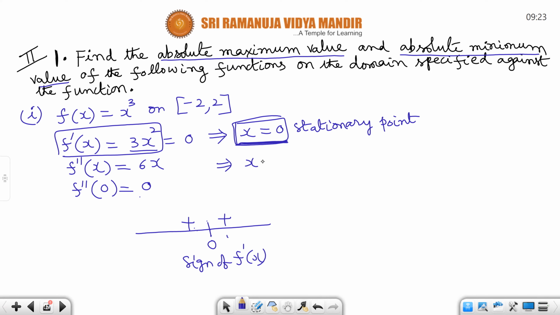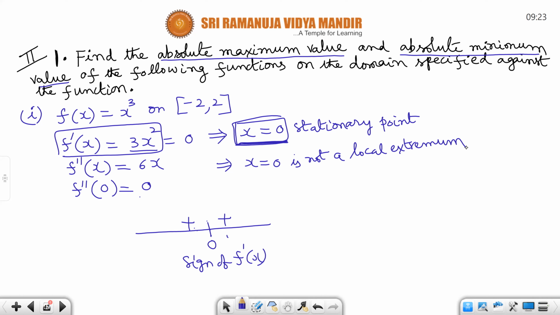Local maximum or minimum? Extremum stands for both maximum and minimum. X equal to 0 is not a local extremum.